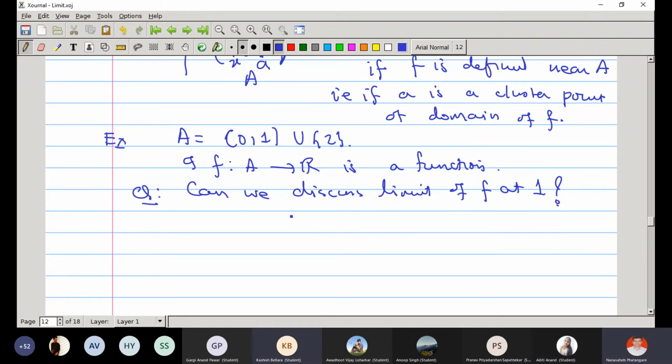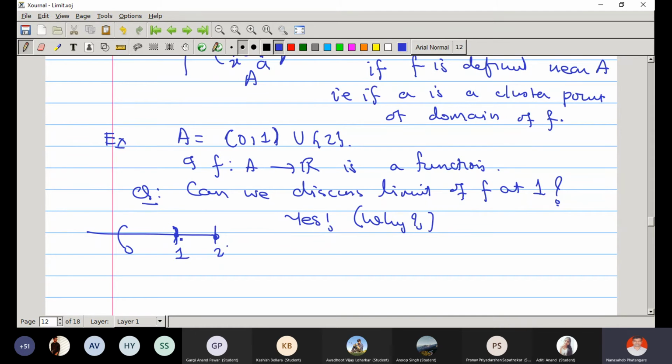Yes, sir. Yes. And what is the reason? 1 is a cluster point of A. Right, 1 is a cluster point of the domain of the function. The domain of this function is 0 to 1 and 2 is some isolated point. 2 is also a member of the set, but the 1 to 2 part is not in the set.